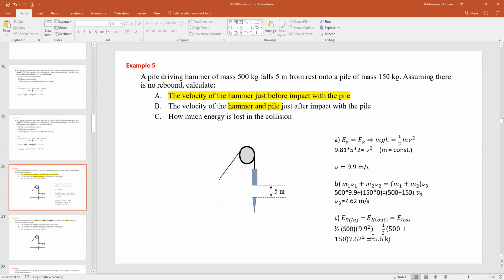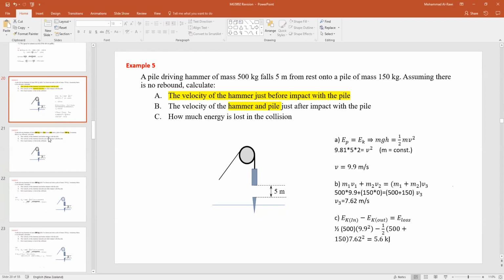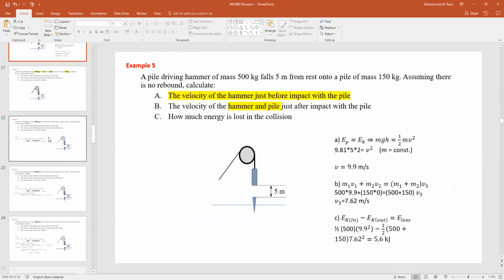You arrange this equation, or not, just solving it straightforward, you find the energy loss in the system is 5.6 kilojoules. Very easy and very straightforward application. I hope you find it easy, not really that complicated.